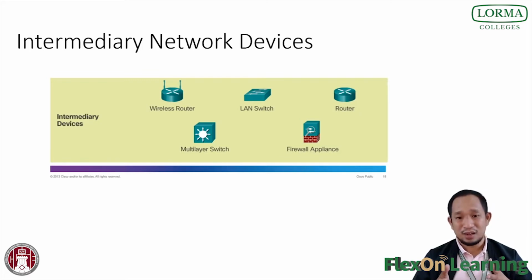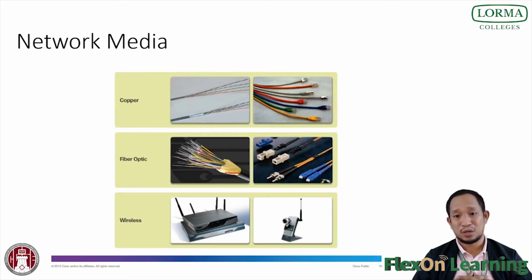And in order for us to have communications, of course, we talked about the media a while ago. So we have three types that we're using. These are your copper, your fiber optics, and your wireless. Copper are typically our LAN cables. They have RJ45 on both ends. The RJ45 configuration is either T568A or T568B, depending on which one the network admin utilizes on your specific network.